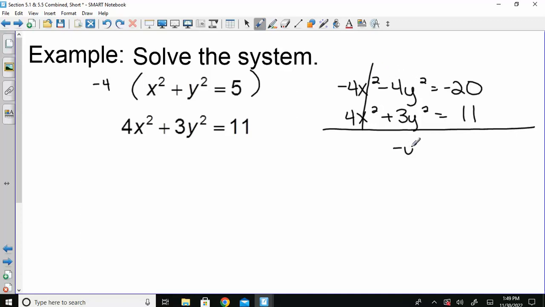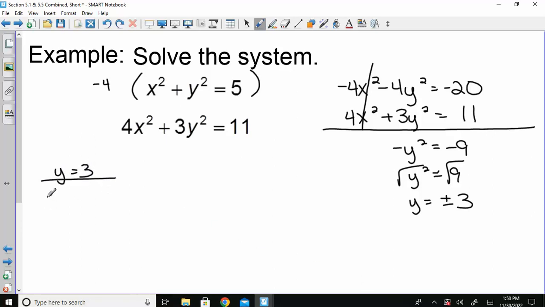Positive 4x squared and negative 4x squared cancel. Negative y squared equals negative 9. Okay, and then what? And then to get rid of a square, you square root, and with that you have to do plus and minus. So y is positive or negative 3.